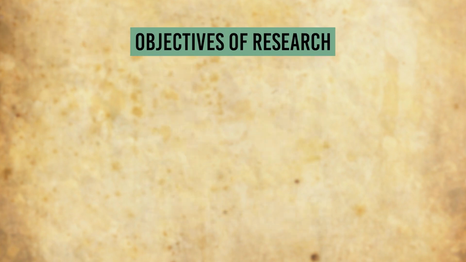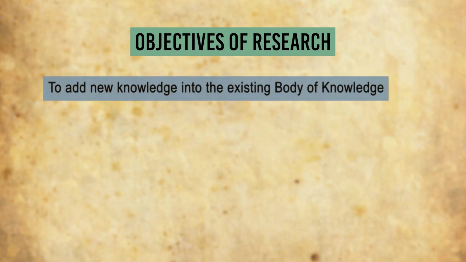Now, the objectives of research need to be understood clearly. The first objective of research is to generate and add new knowledge into the existing body of knowledge. You might ask, what is the body of knowledge? The body of knowledge is basically the information that exists about a certain topic or concept, and knowledge can never be limited.